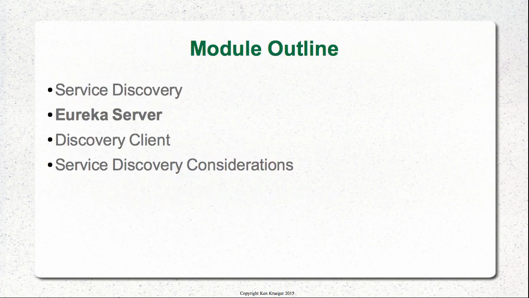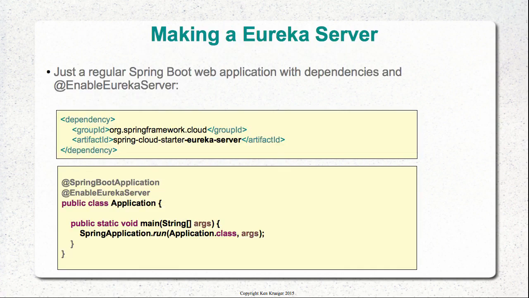So let's talk a little bit about Eureka Server specifically. First of all, Spring Cloud makes it really easy to make your own Eureka server. Now you can download the open source bits, but what Spring Cloud has done is made an easy wrapper for these Netflix libraries. What you can do is basically just make a regular Spring Boot web application and have the enable Eureka server annotation in it.